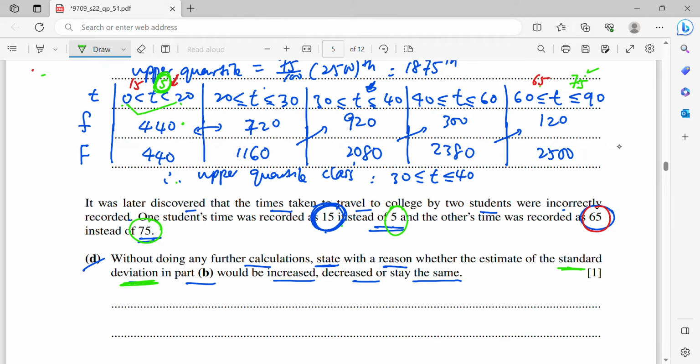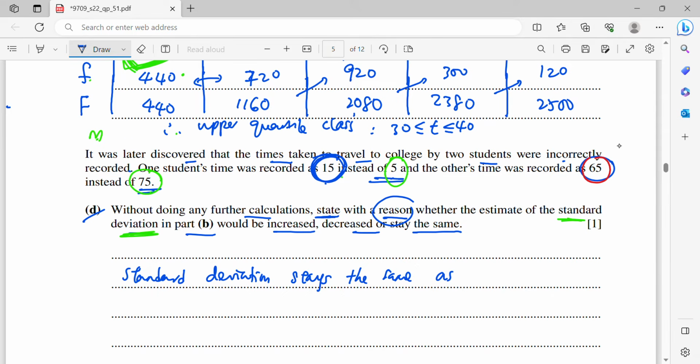In terms of the calculation of standard deviation, it will not have any effect, because we don't use the actual value to count. We are using the f and m, and the m is counted using the upper and lower limits. Therefore, the answer for part D is that the standard deviation stays the same. We need to give a reason. Why?